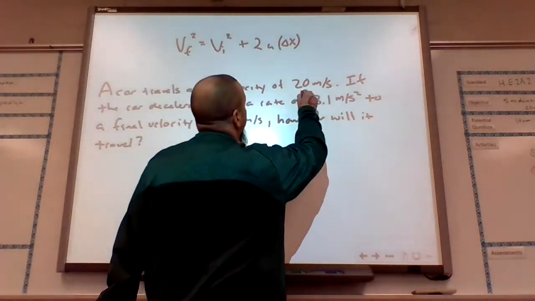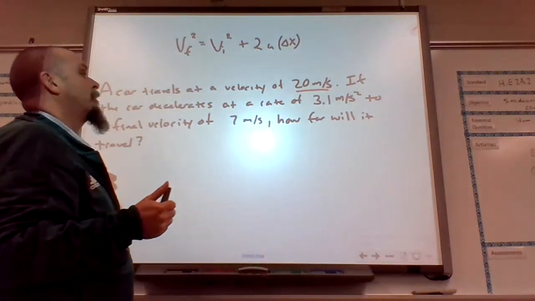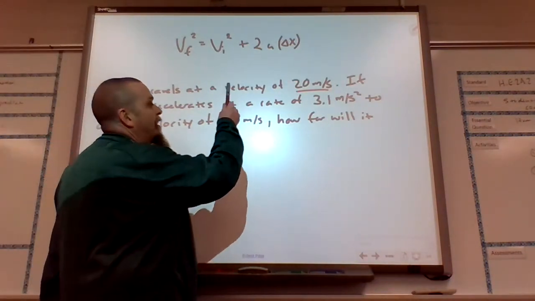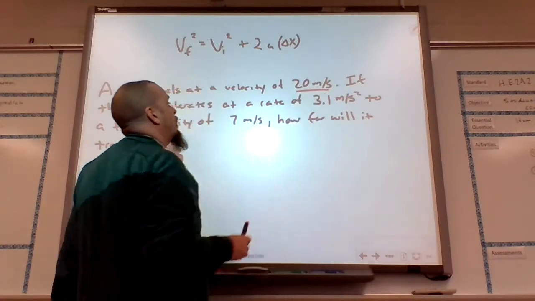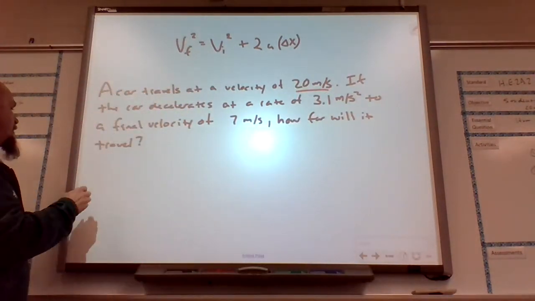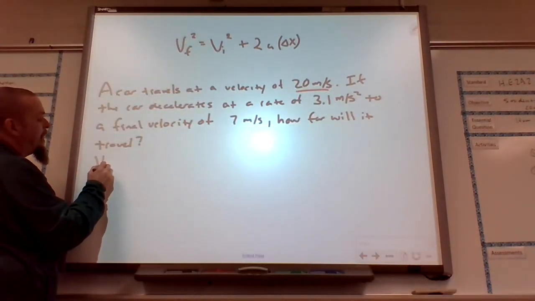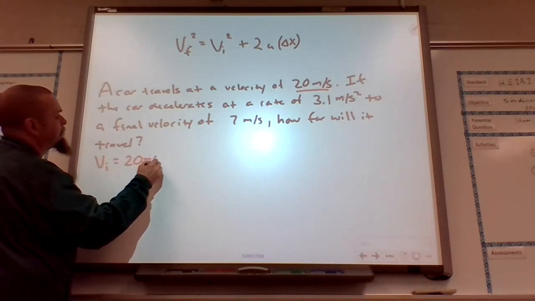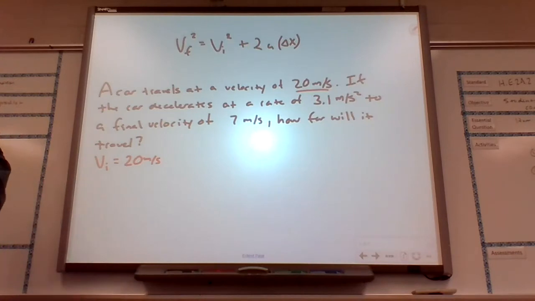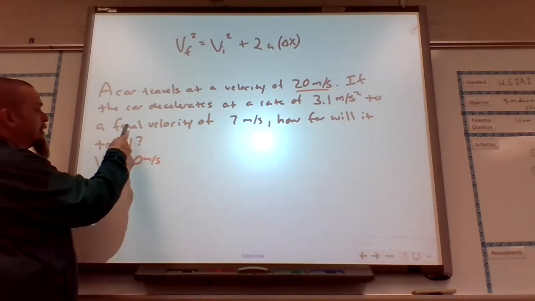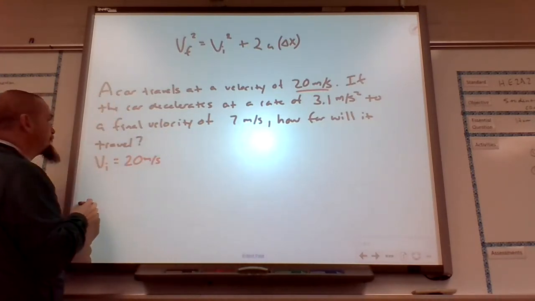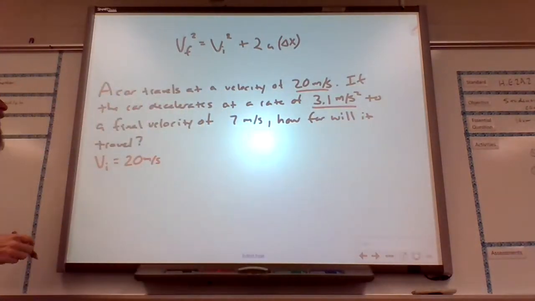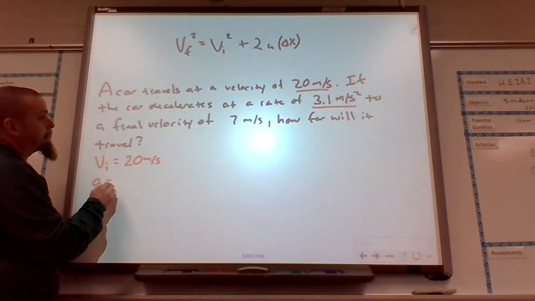So, same old problem solving process. Figure out what the numbers are. It's traveling at a velocity of 20 meters per second. So we know that's a velocity. And it's going to be initial. The reason why I know it's going to be initial is because down here it says final velocity of. 3.1 meters per second squared is an acceleration.